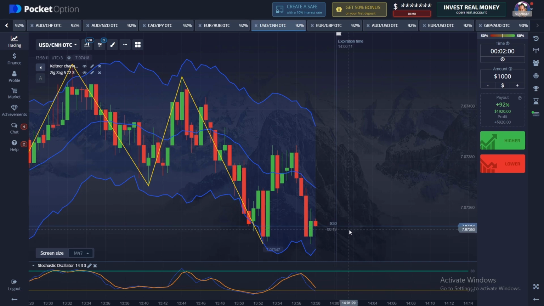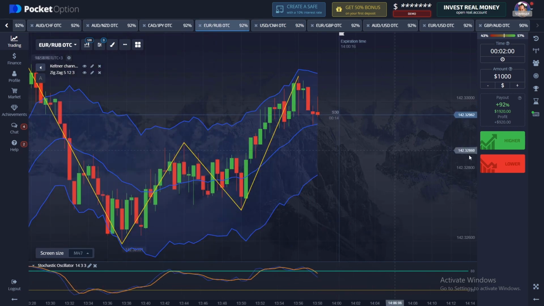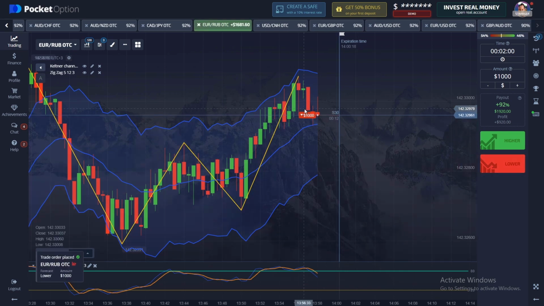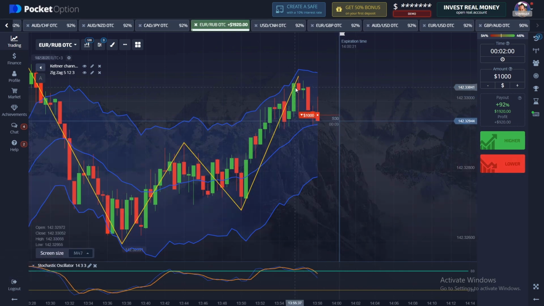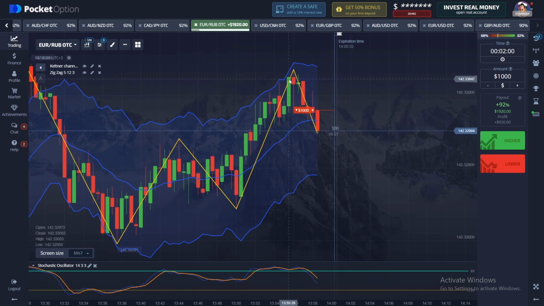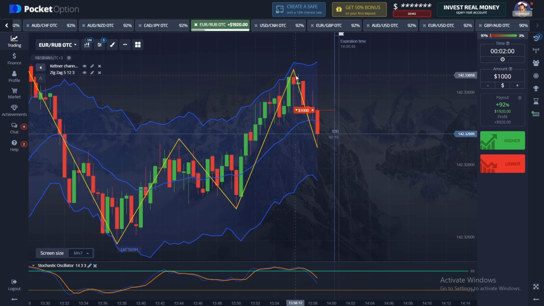Here there is no clear opportunity, and here we see we can just take this trade. This trade can be profitable for us. We see here the price of the green candle has managed to close near the Keltner channel, and the zigzag line has managed to touch the peak of this candle, and we see the opposite direction candle, that is this red candle.